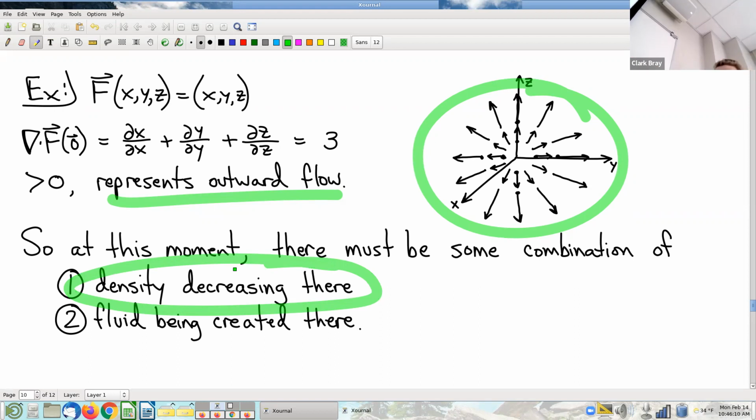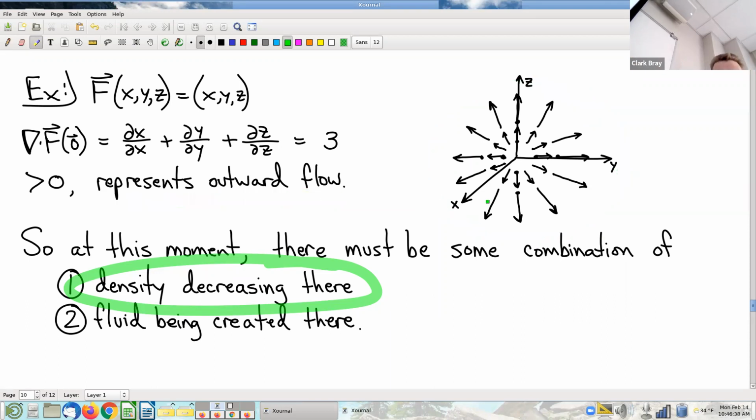So it may be that there's lots and lots of birds, and some of them are leaving, and every so often a bird gets up and flies away. And generally the birds are leaving, and therefore the number of birds in any given region is decreasing. So that's one reasonable explanation, that the quantity of fluid is decreasing. You can see how this is consistent with that.